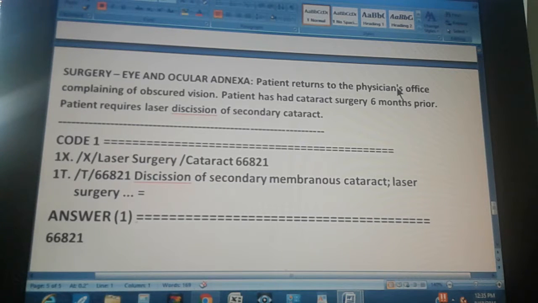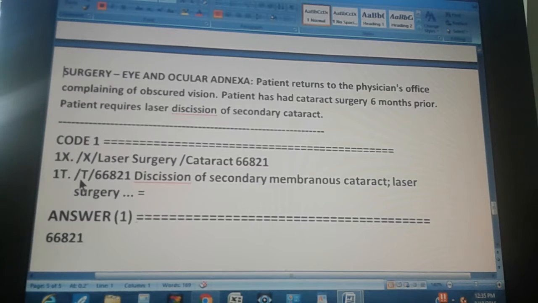Okay, so there's only one code, and the code through the index is found like this. You go first to the index. And then you look for? Laser surgery. And then? Cataract, right? And you find a code. What's the code? 66821.